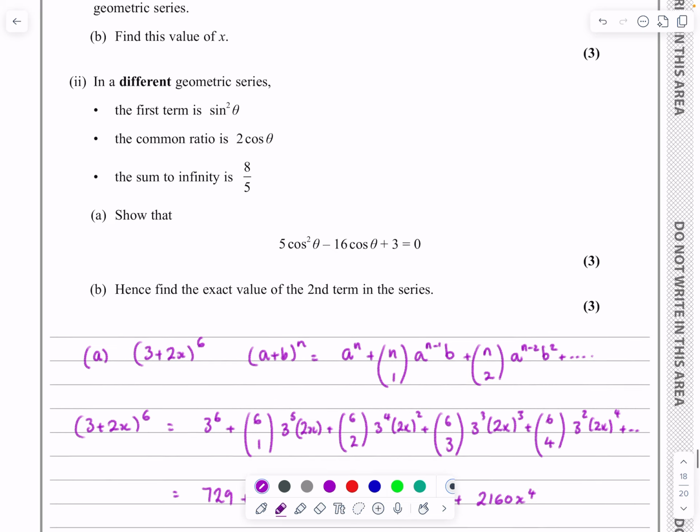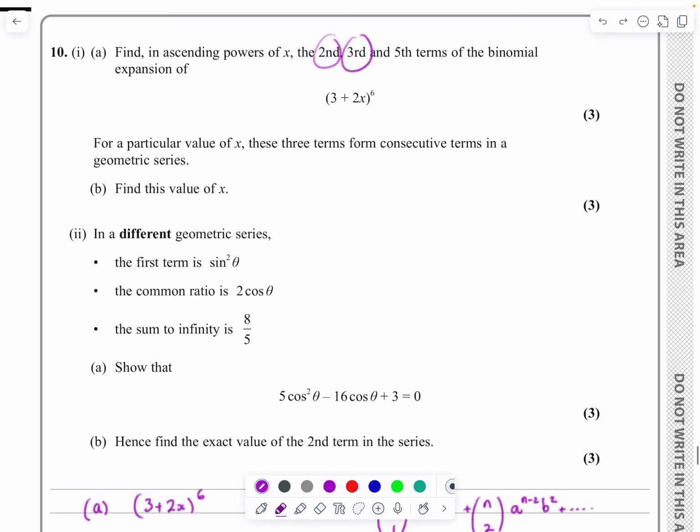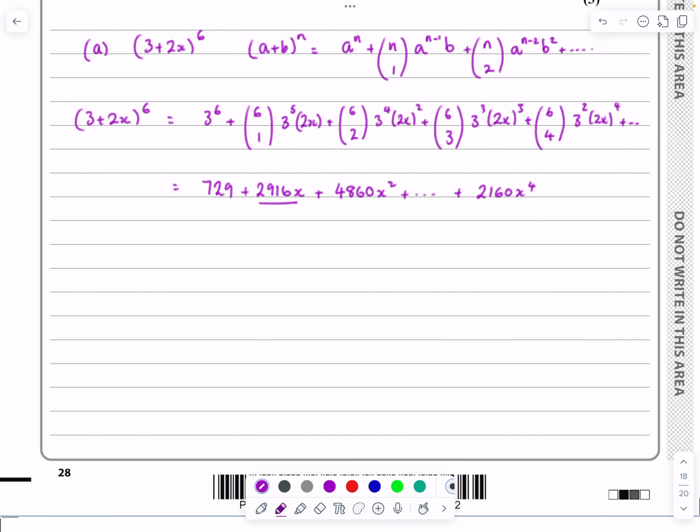And then what they've said is, in this particular expansion, the second, third, and fifth terms, those terms are in a geometric series. So this one, this one and this one will all be in a geometric series.